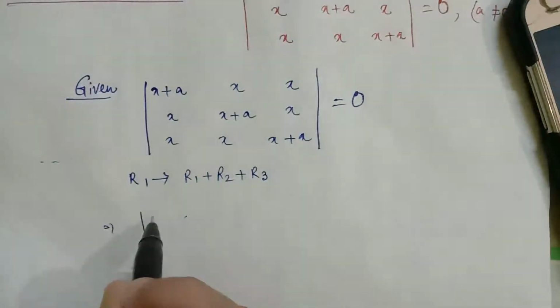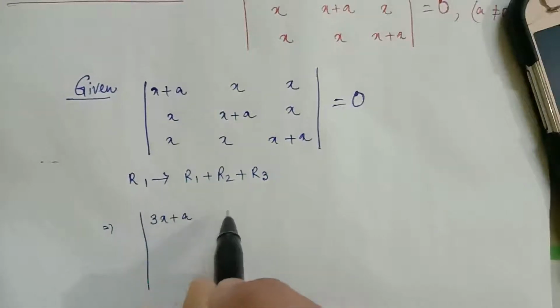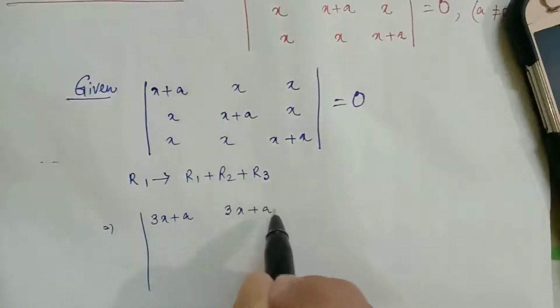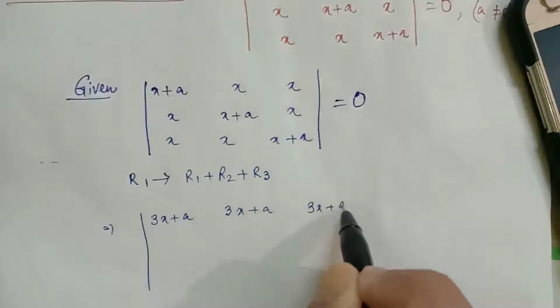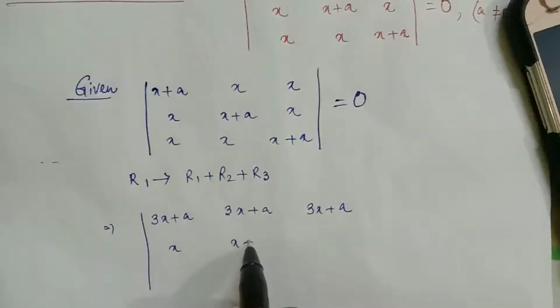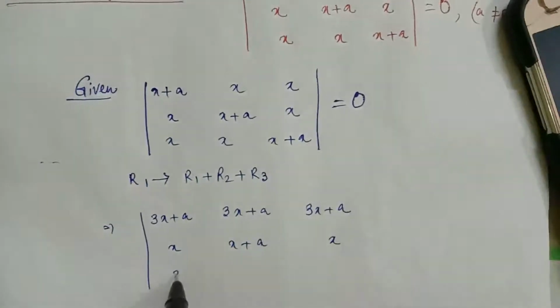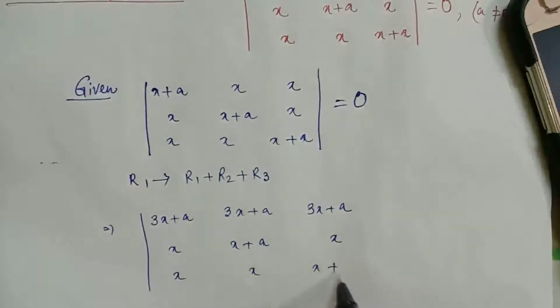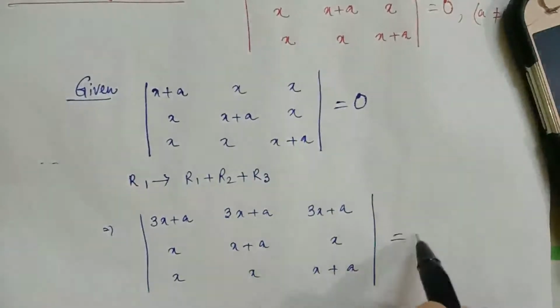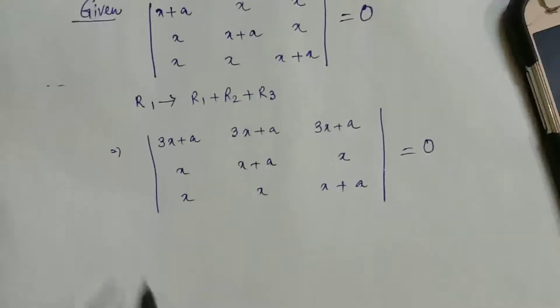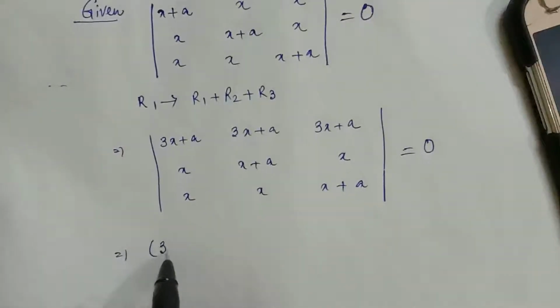So our R1 will become 3x plus a, 3x plus a, 3x plus a, x plus a, x plus a is equal to 0. Next, we have to take 3x plus a common from R1.